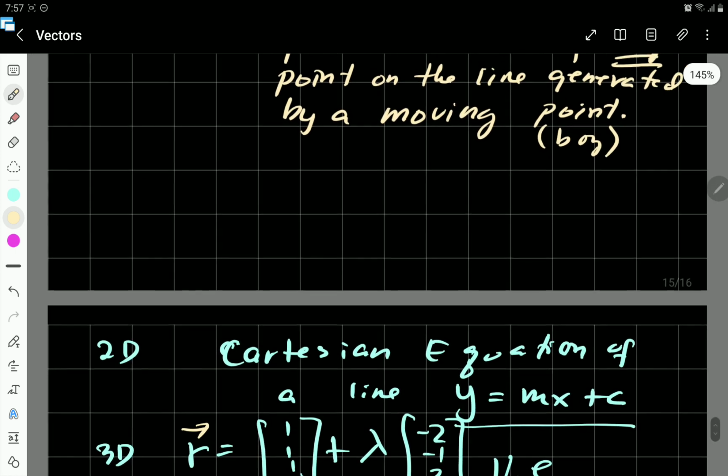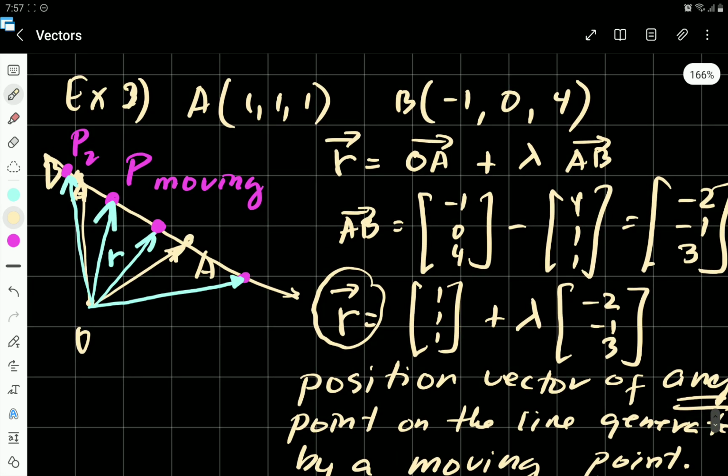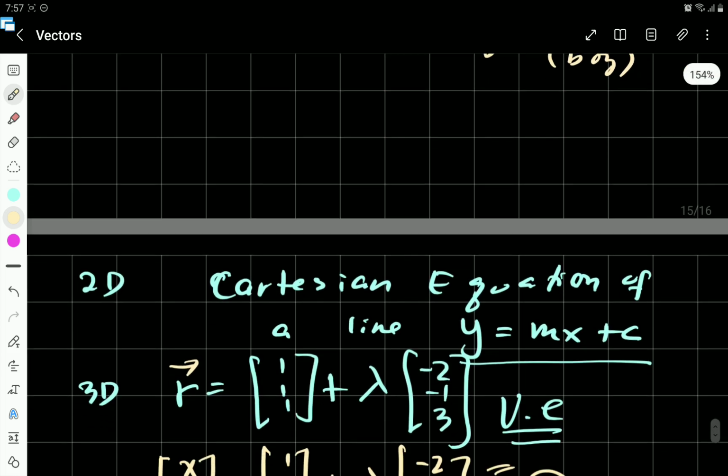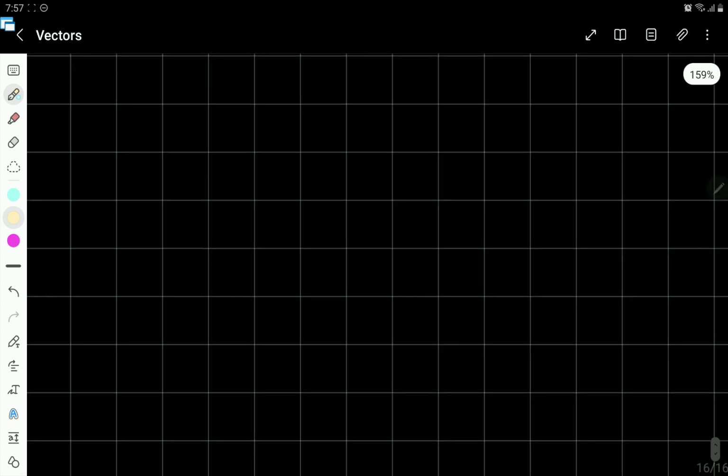Let's just summarize again. The general form of the vector equation of the line, I'll just take a point, just a generalization. So let's say that there is a line here, and in that line there is a point here. Let's say that is point A. And then there is a vector.